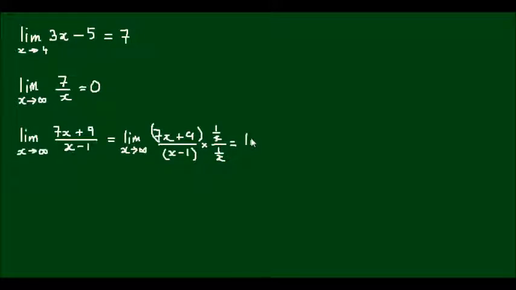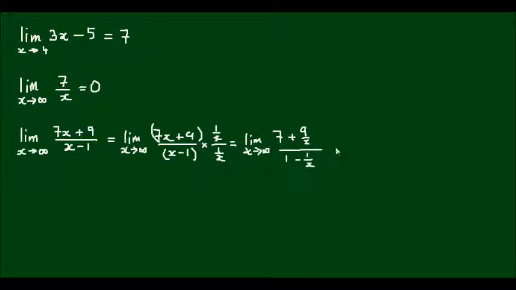And this should give me the limit as x approaches infinity of 7 plus 9 over x divided by 1 minus 1 over x. And now I can evaluate this limit, because 9 over x as x approaches a very large number is going to tend to 0.